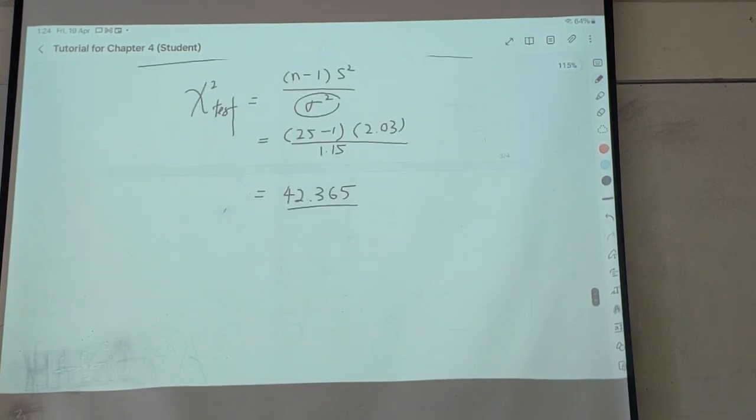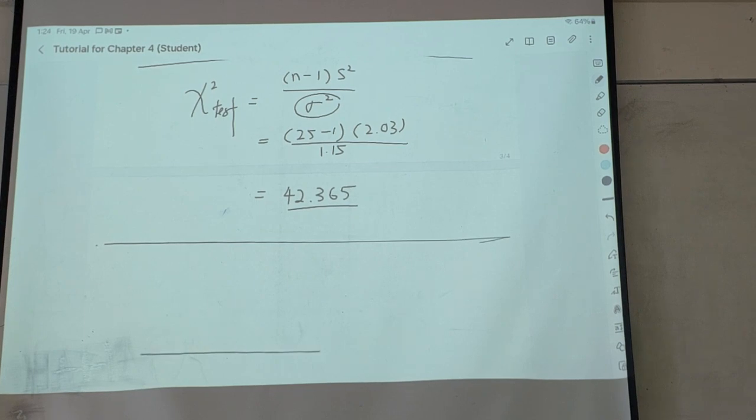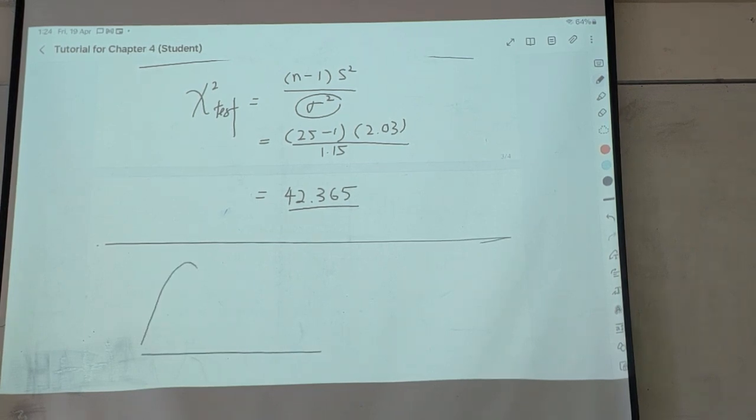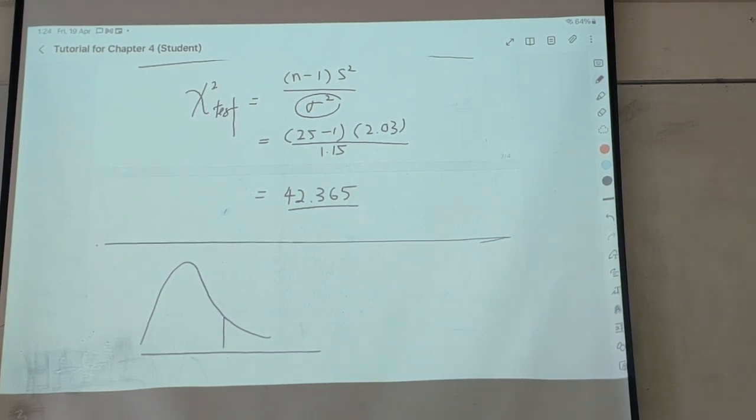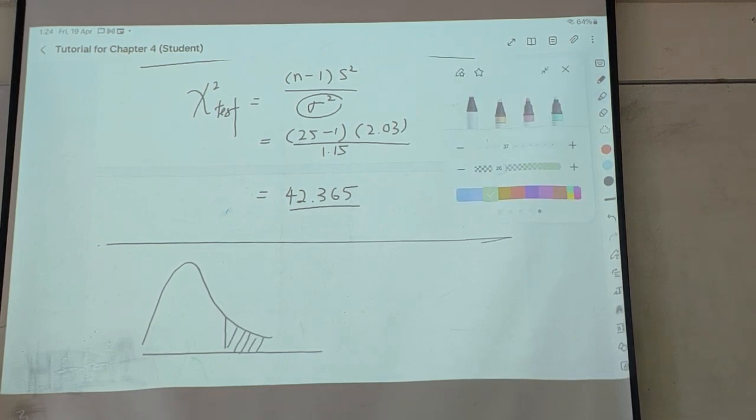Now, again, we need to compare it with the critical value of chi-square. It is one-sided, so of course there is only one critical value.